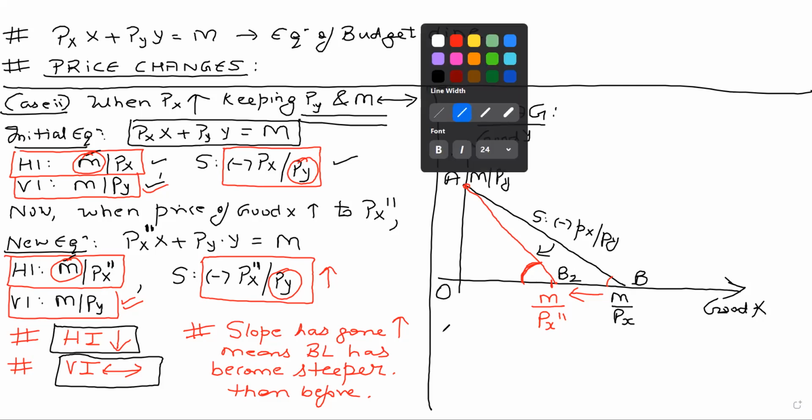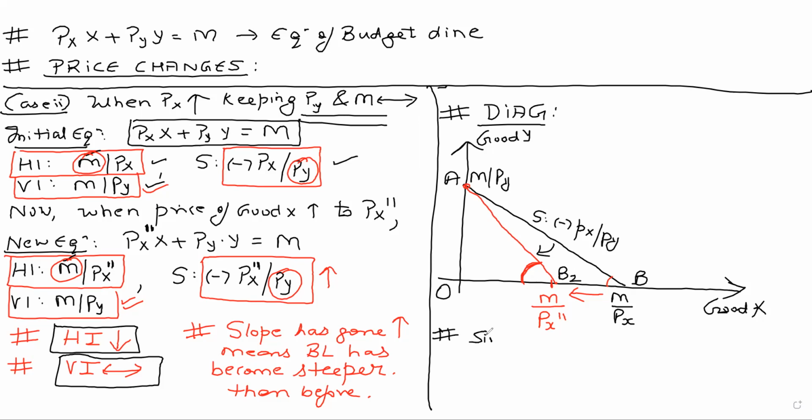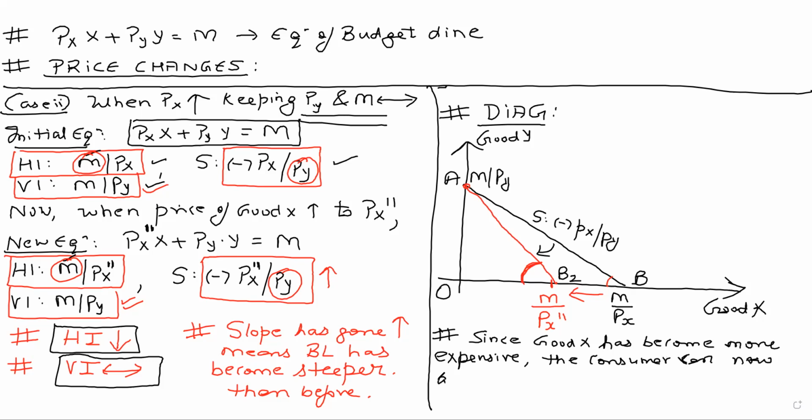And logically also you should be able to argue it out. Since good X has become more expensive, the consumer can now afford less of it than before.